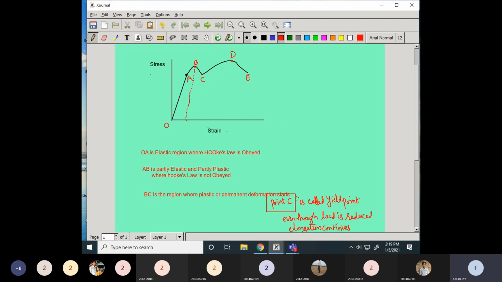Earlier, from point O to point A, if you reach there and remove the forces, it comes back in the original path. But after reaching point B, it is not going to come back in the same path. It is going to take another path, say B dash or B prime. There will be some extra strain remaining inside the material. We call this a permanent set.